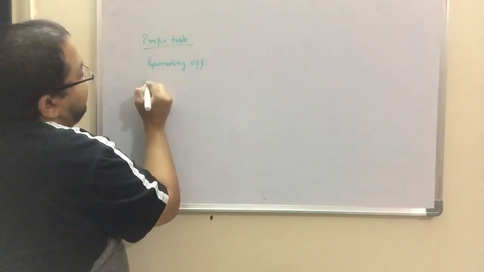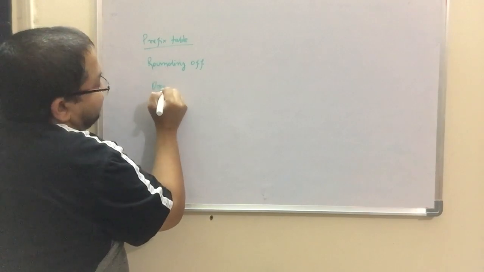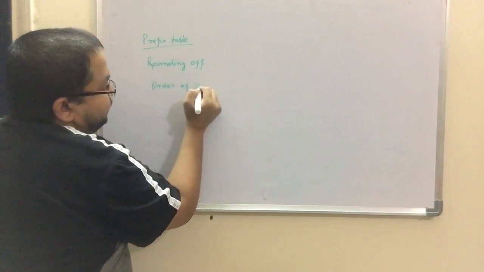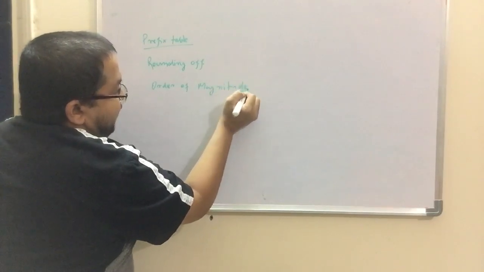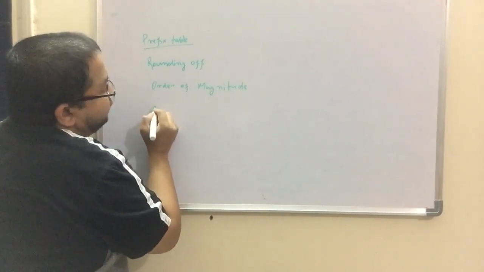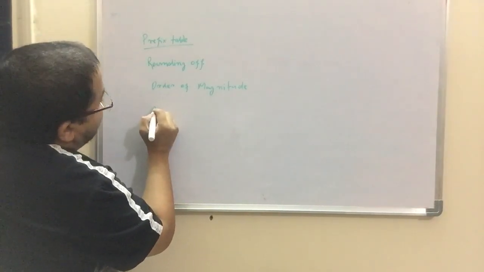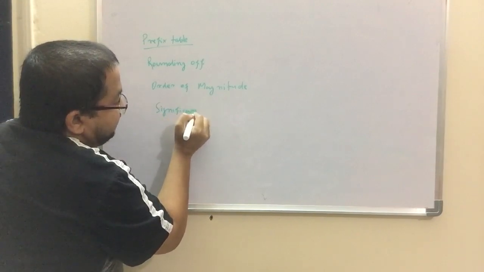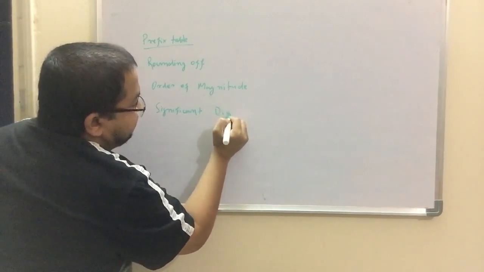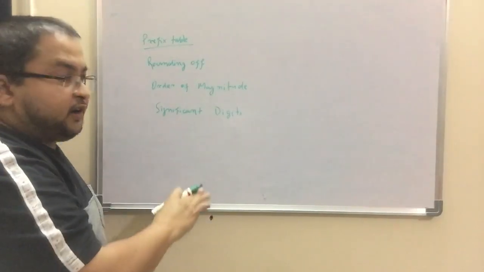Okay, we would then go over to order of magnitude, and we would then move on to significant digits, and this is where we would end our chapter 1.